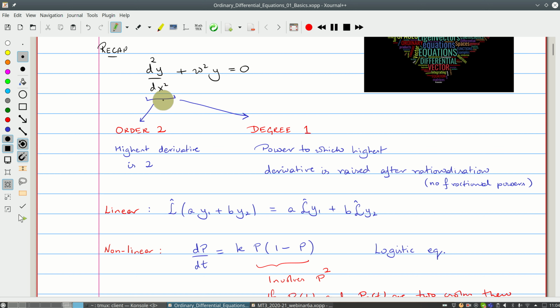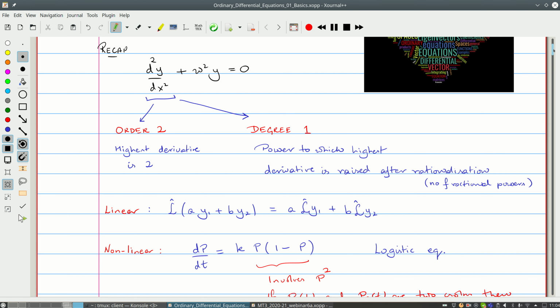The degree is the power to which the highest derivative is raised, and in this case the second derivative is raised to the power of 1, so it's of degree 1. You decide on the degree after you have rationalized the equation. There is an example in Riley, Hobson and Bence as to what they mean by this. The degree is not so important for what we are doing, so I won't say anything more. If you want to find out more, have a look in Riley, Hobson and Bence chapter 14.